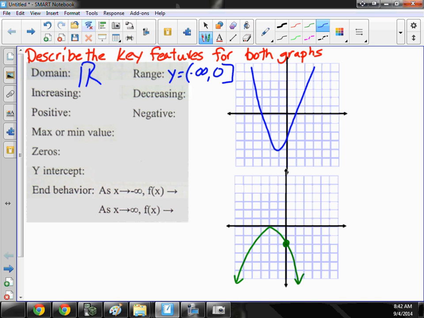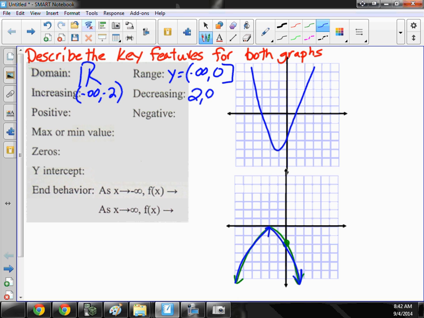Where is the graph going up? From negative infinity until x equals -2. Where's the graph going down? From 2 to infinity.